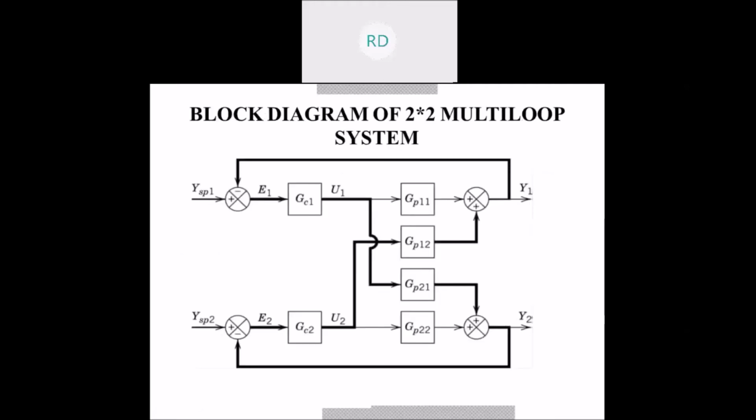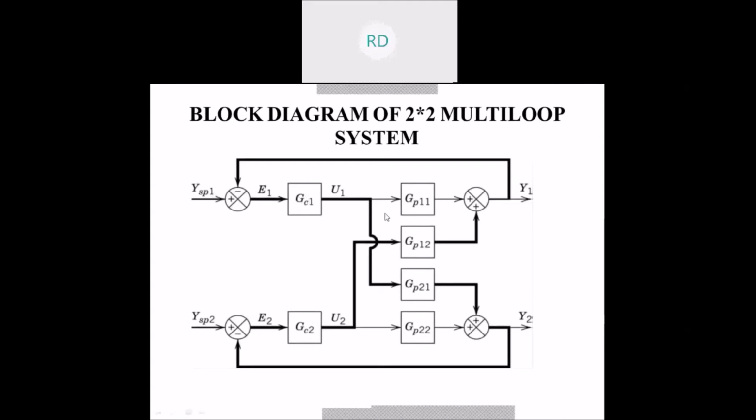So this is the block diagram for the 2 input 2 output system. YSP1 is the set point, E1 is the error, and then GC1. Here I'm using a decentralized controller.